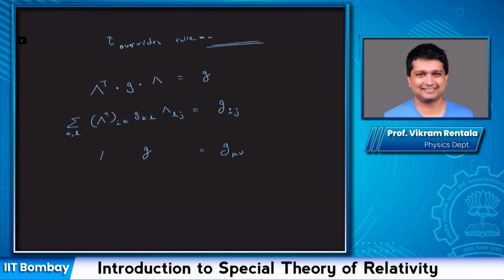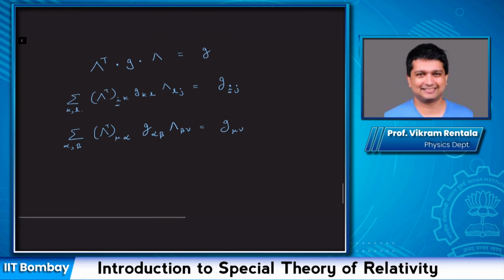Let's write lambda transpose as lambda transpose mu, since i is the same as this i, which we replaced by mu, and we'll use an index alpha, and this would be the same index alpha that shows up here, and let's use the second index beta, and this would be lambda beta, and j would be nu over here, where I have summed over alpha and beta. Okay, alpha beta goes from 0 to 3.